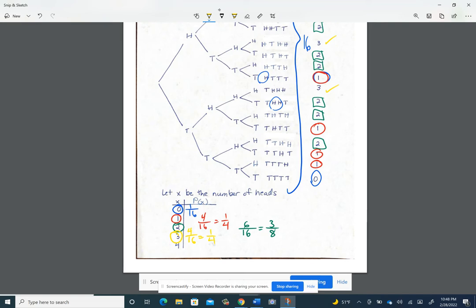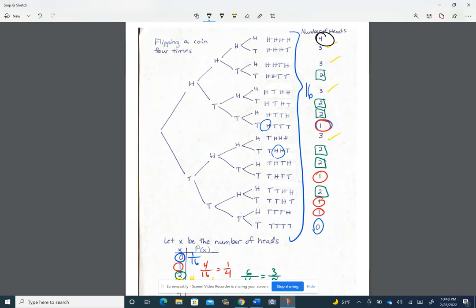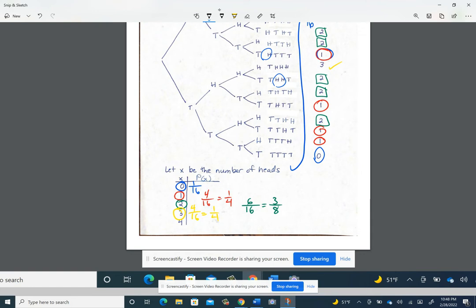Turns out to be another 1/4. And the possibility that all of them would be heads, let me just do that one in black. We only have that 1 possibility. So what we're creating right now is called a probability distribution. It's like a chart where you're listing the probability of each of those results happening.